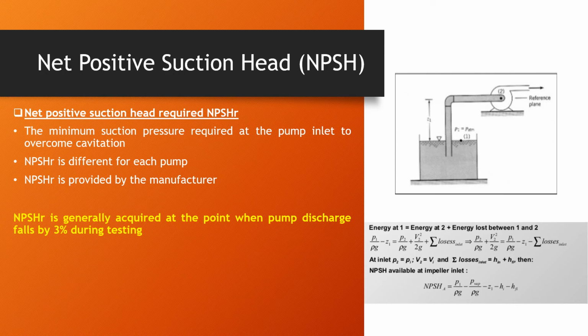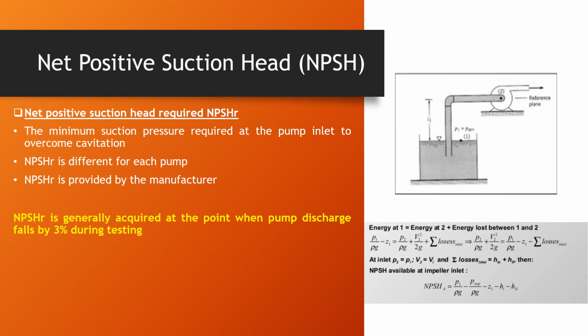So the energy equation would give that the pressure head P1 over rho g minus the datum head Z1 is equal to P2 over rho g plus V squared by 2g, which is the velocity head, plus all the pipe losses.